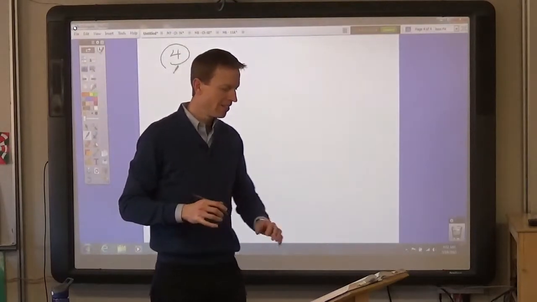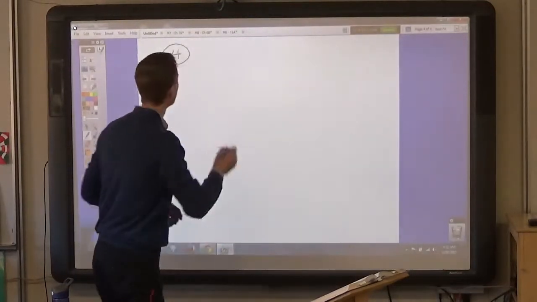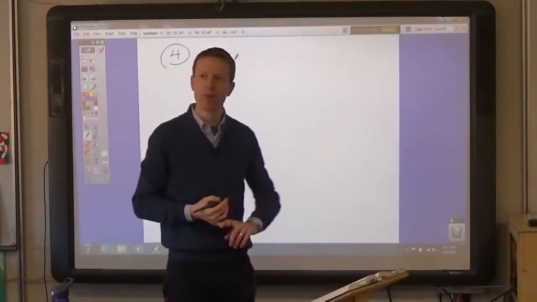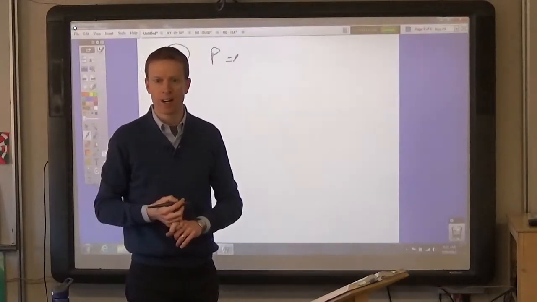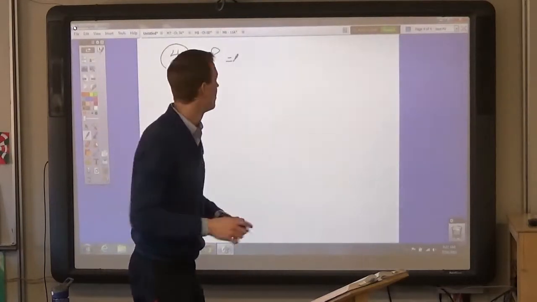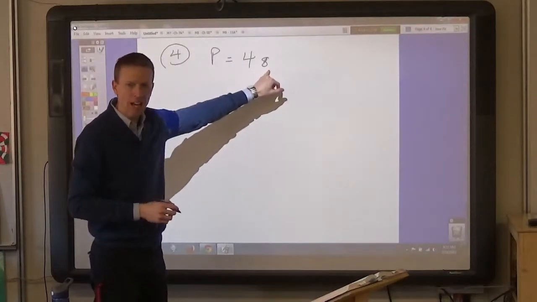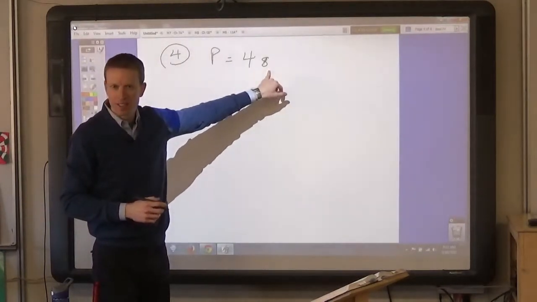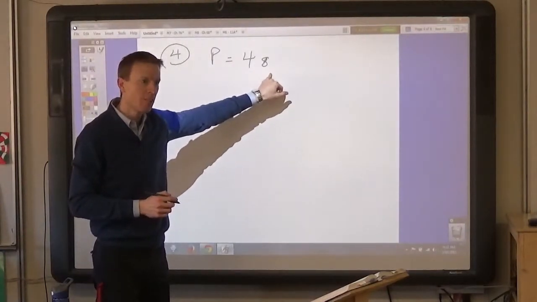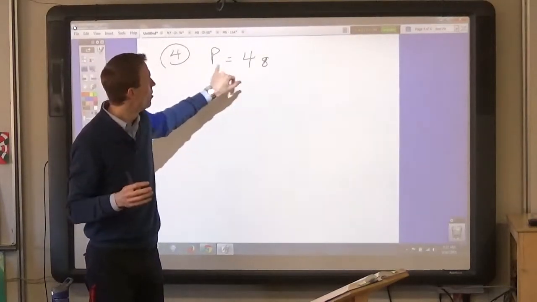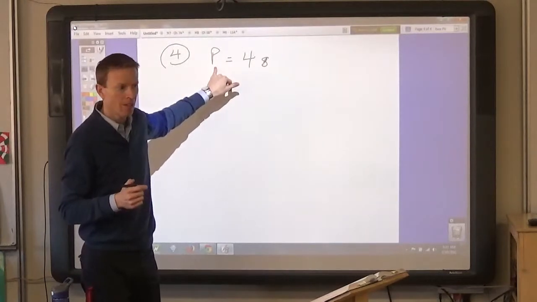Okay. Let's go on to number 4. The perimeter. This is the perimeter formula for a square. If you know the length of the side of a square, then if you multiply that length by 4, you get the perimeter.